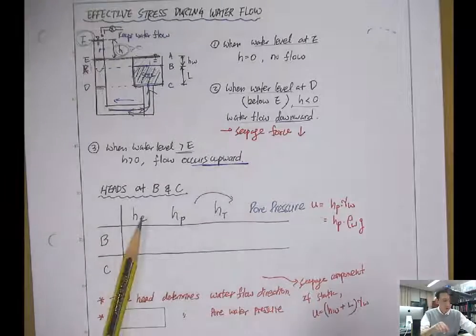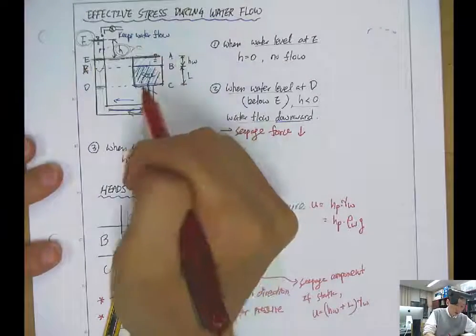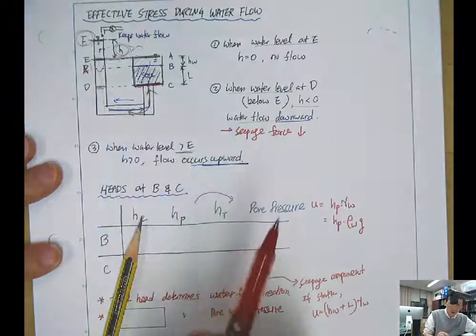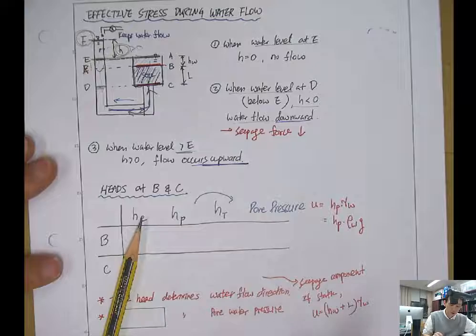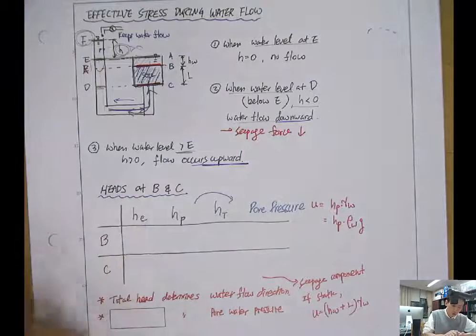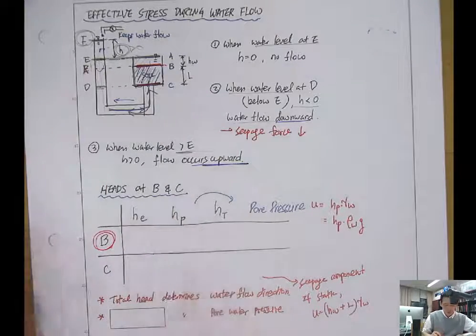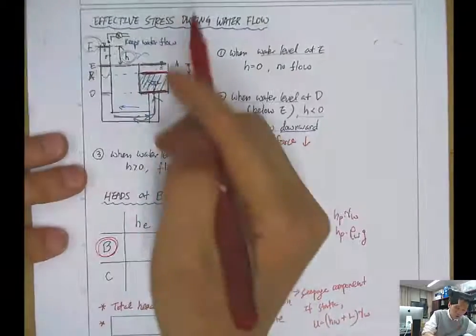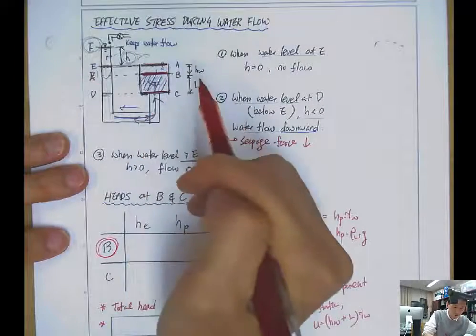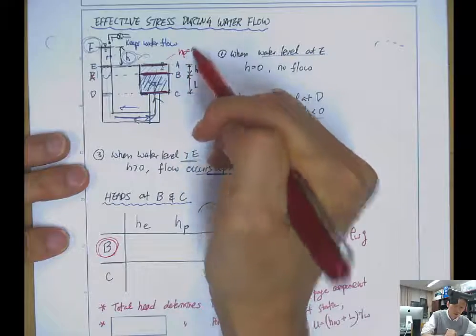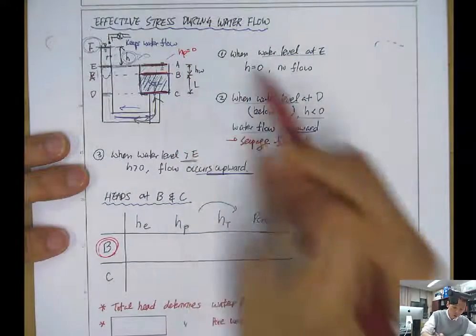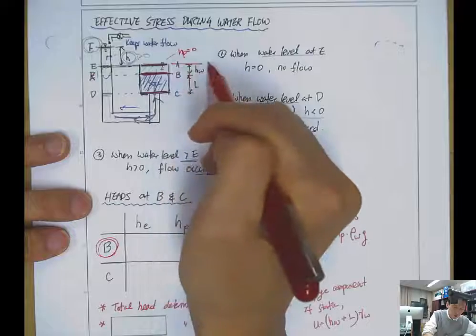Okay. So let's think about the head then, at the bottom of the soil and the top of the soil, at B and C. First, at B, the rule is that when you have an exposed water surface, the pressure head is 0, right? And you can set the datum at the lower water surface here.